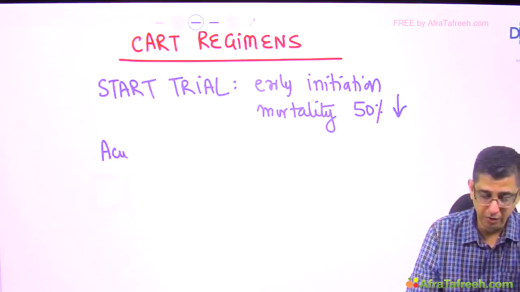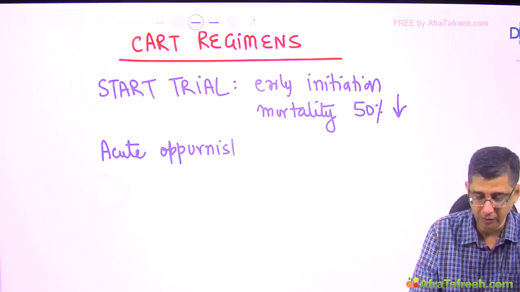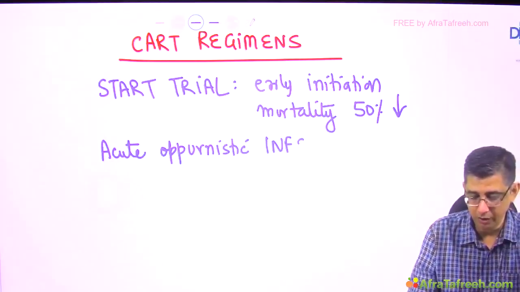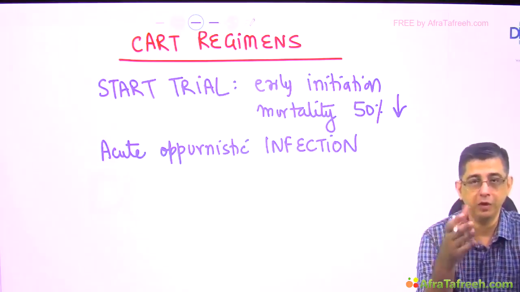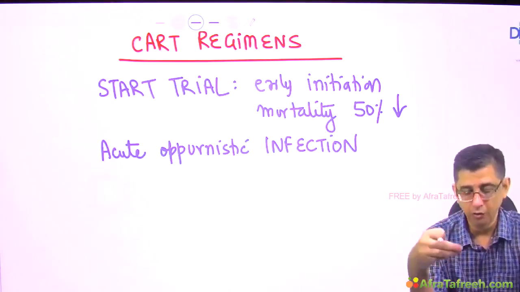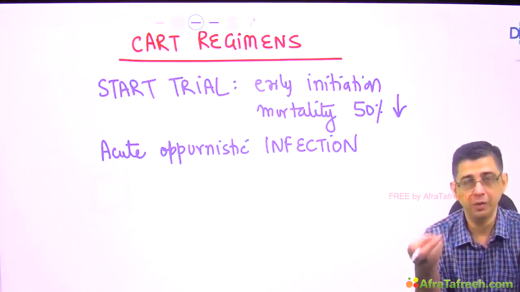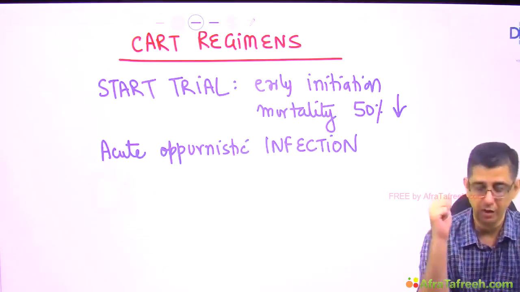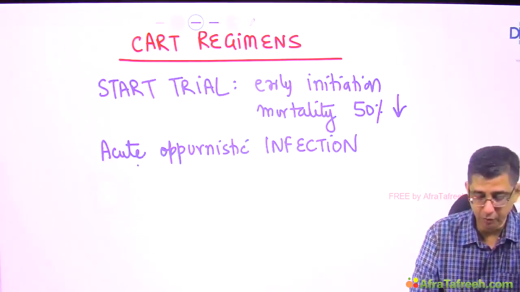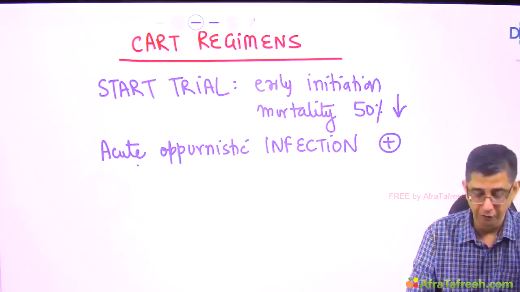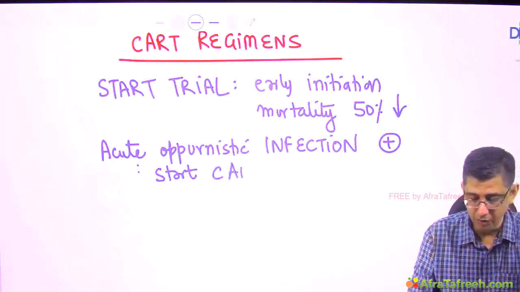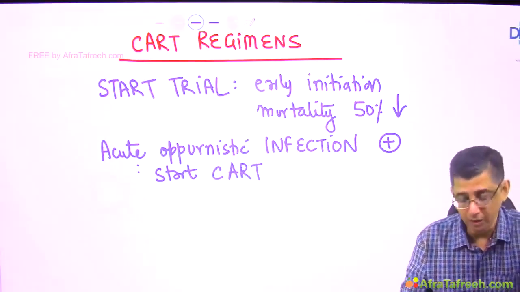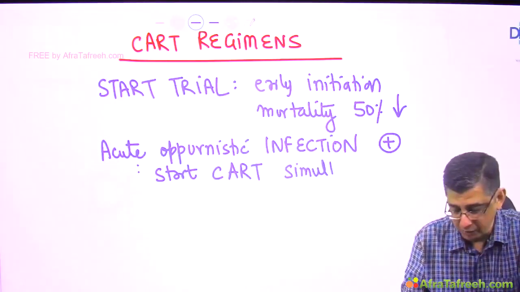This START trial has demonstrated that even if a person is having an acute opportunistic infection right now, like let us take up a patient who's having cryptococcal meningitis, and should we wait to start combination antiretroviral therapy when cryptococcal meningitis has resolved, or should you start the combination antiretroviral therapy immediately, was a question that was again answered by this trial, which demonstrated the fact that even if acute opportunistic infection is present in the patient, we are not going to wait for the opportunistic infection to clear, but if you start combination antiretroviral therapy early, then the possibility of survival of the patient will definitely increase.